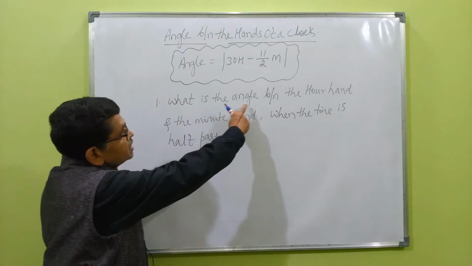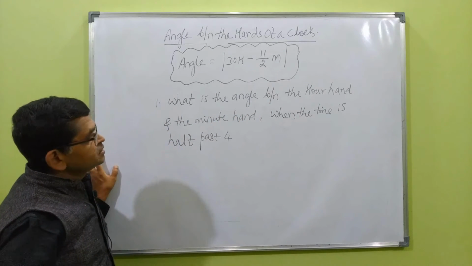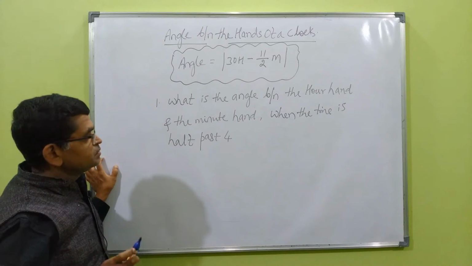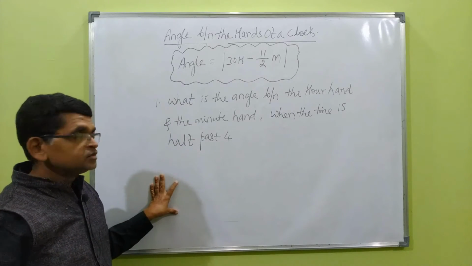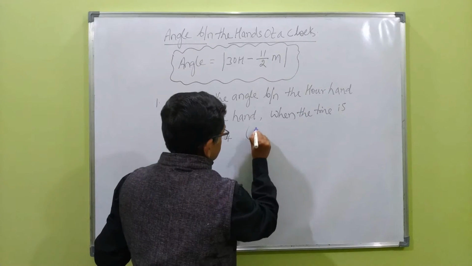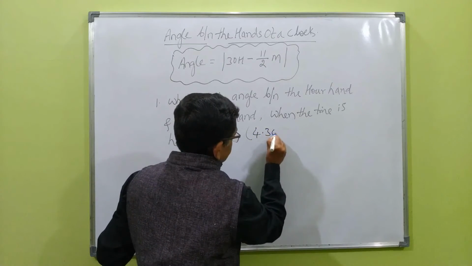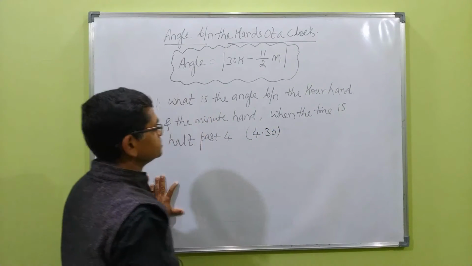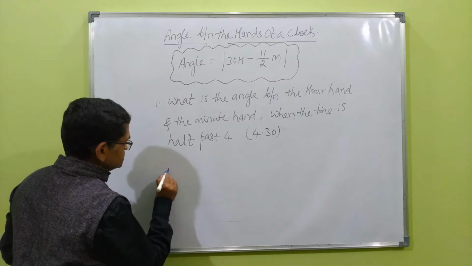What is the angle between hour hand and the minute hand when the time is 4:30? 4:30 means 4:30, either it is AM or PM. So answer is very simple.